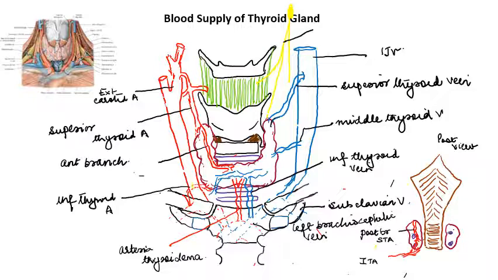This is its superior laryngeal nerve. This is the vagus. This is the internal laryngeal nerve, and this out here will be the external laryngeal nerve. You can see that the external laryngeal nerve is running along with the superior thyroid artery.